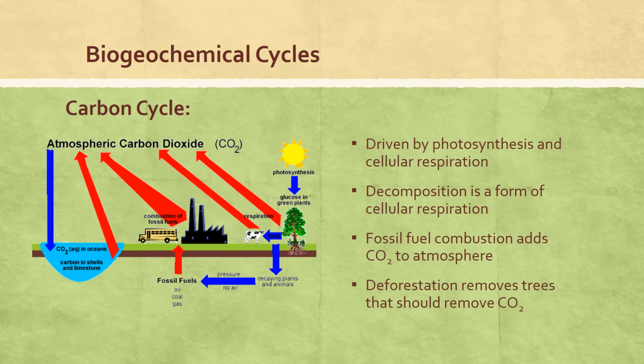But we have to know that CO2 is consumed by photosynthesis and produced by cellular respiration. So again, it's driven by photosynthesis and cellular respiration. Decomposition is a form of cellular respiration. Fossil fuel combustion adds CO2 to the atmosphere, and deforestation removes trees that can remove CO2 from the atmosphere. So there are some problems with our carbon cycle. It's not very balanced right now.